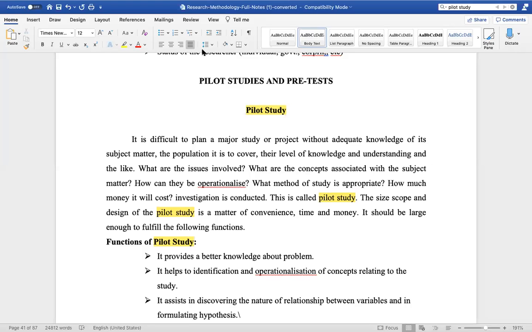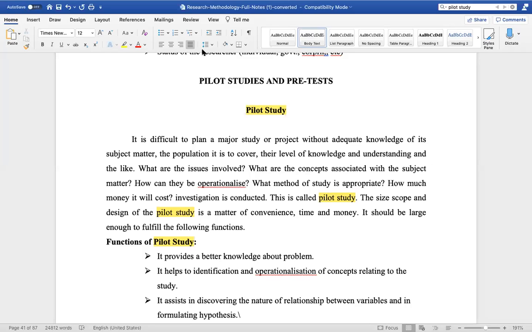So to understand if my data collection technique is going to work properly, if my research is going to be completed on time, if I will get all the questions answered on my questionnaire or interview schedule, I need to conduct a pilot study.